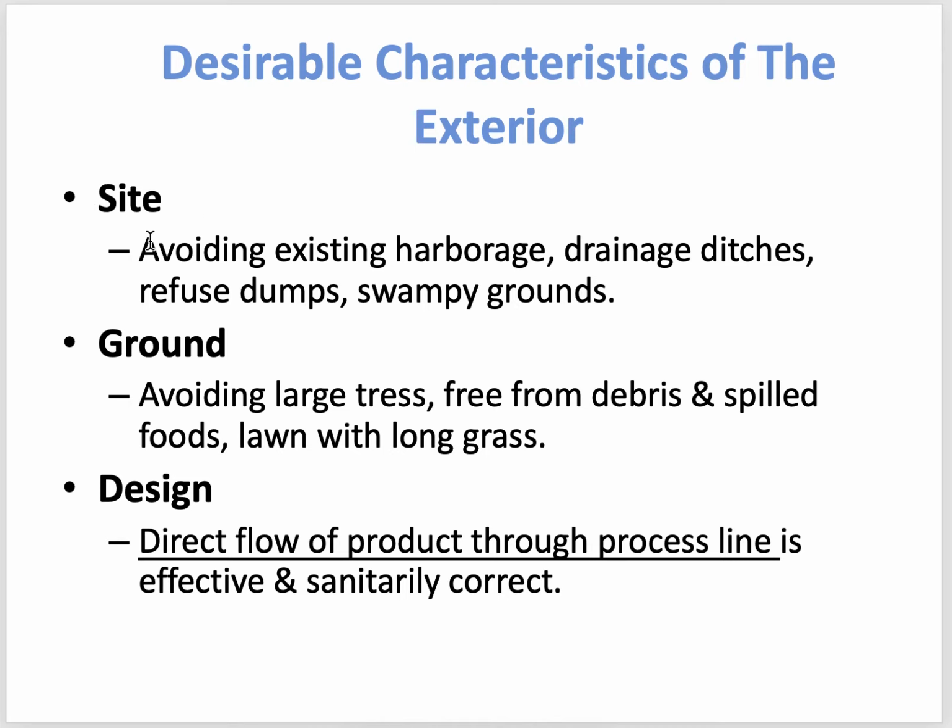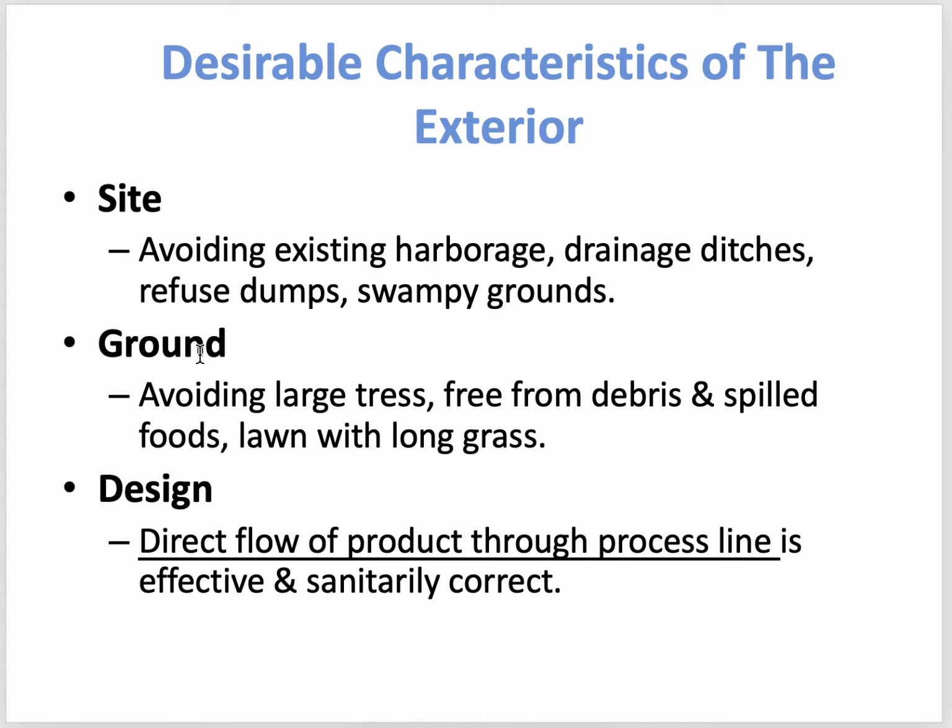That site should not be near harbors, drainage ditches, refuse dumps or swampy grounds, because if you set your plant around these places, your plant can easily get various kinds of contamination from these dirty places. So you should not set your food processing plant near these dirty places.